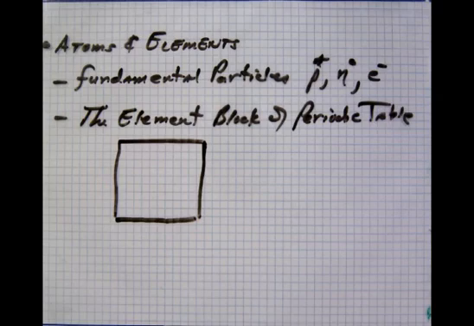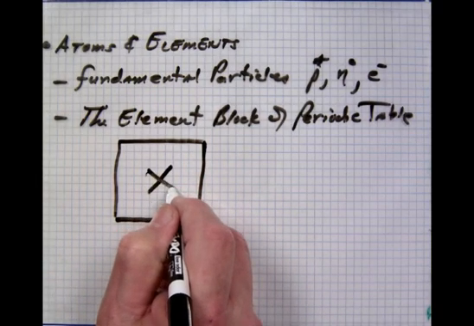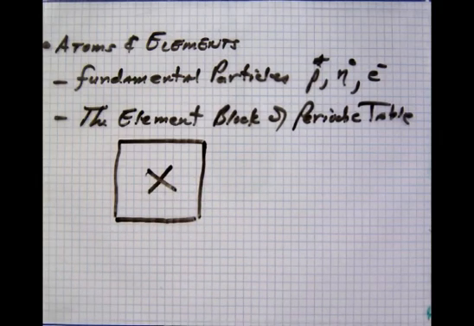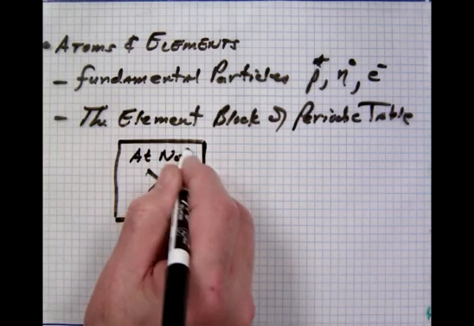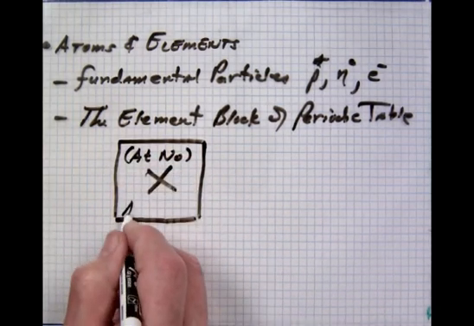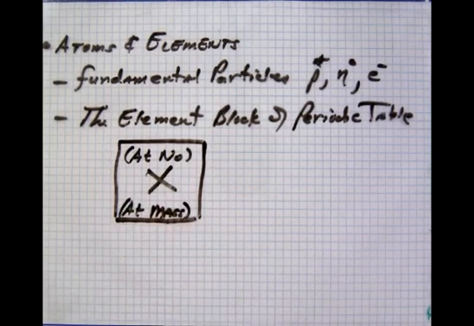But typically, an element block will consist of a symbol, obviously, and some blocks put the atomic mass above the symbol or below the symbol, and vice versa for the atomic number. This one has atomic number above the element, and then the atomic mass below. Okay, now we'll build the periodic table as we go along, but I need those for right now.